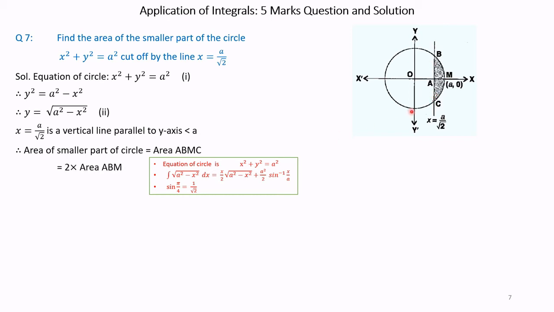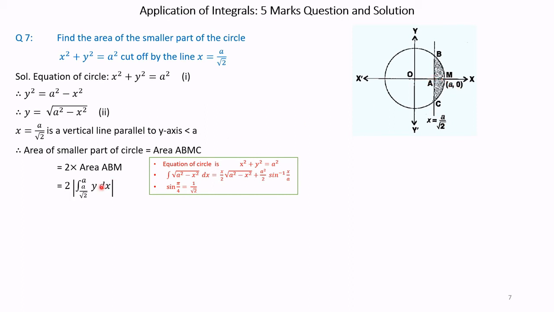So we can confine ourselves to quadrant 1 and calculate the area of ABM, and because it is symmetrical about the x-axis we can multiply by 2. So the required area is 2 into area of ABM, that is equal to 2 into the integral. The lower limit is x is equal to a by root 2 and the upper limit is a.